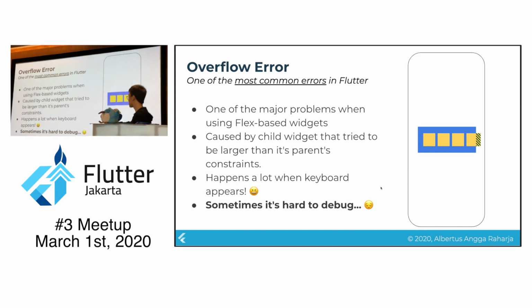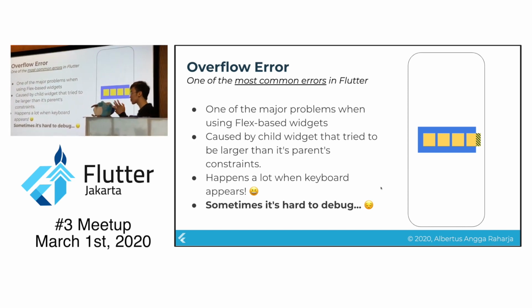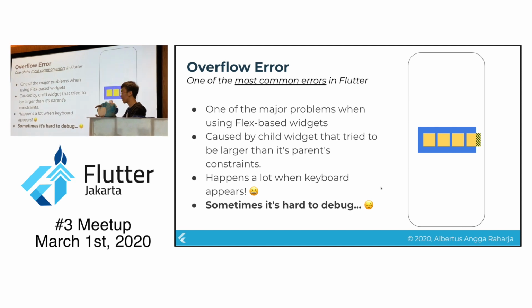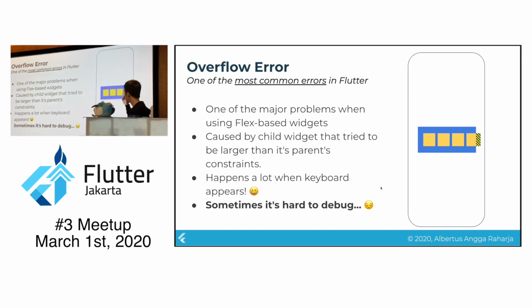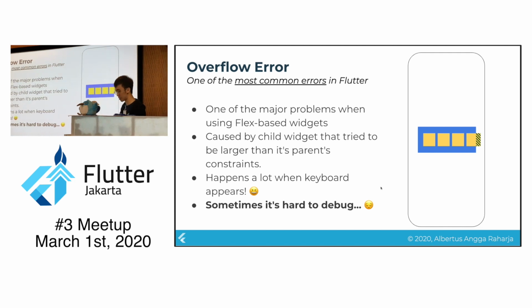It happens a lot when the keyboard appears. If you have a column widget, it seems fine if you don't open a keyboard, but when the user tries to type something and the keyboard appears, usually you see overflow happening at the bottom of the screen. This is the most common error, and sometimes it's very hard to debug. It's not trivial to debug an overflow error.